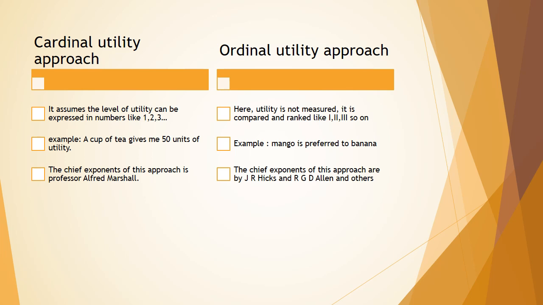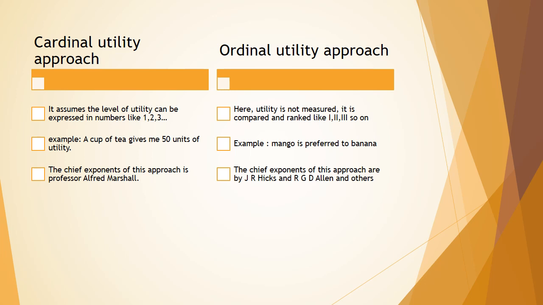But some economists felt it is unrealistic as satisfaction cannot be measured with the help of imaginary numbers. They criticized this and they gave a new approach called the ordinal utility approach.